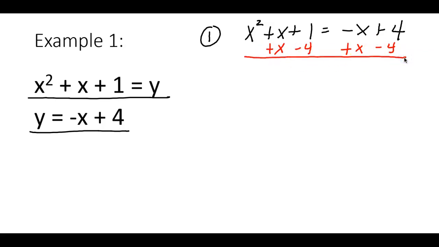That way, I'm left with 0 on this side. And over here now I've got this. When you have a quadratic, you need to get everything on one side and have it equal to 0. Okay? All right, now step 2 is going to be the quadratic formula.